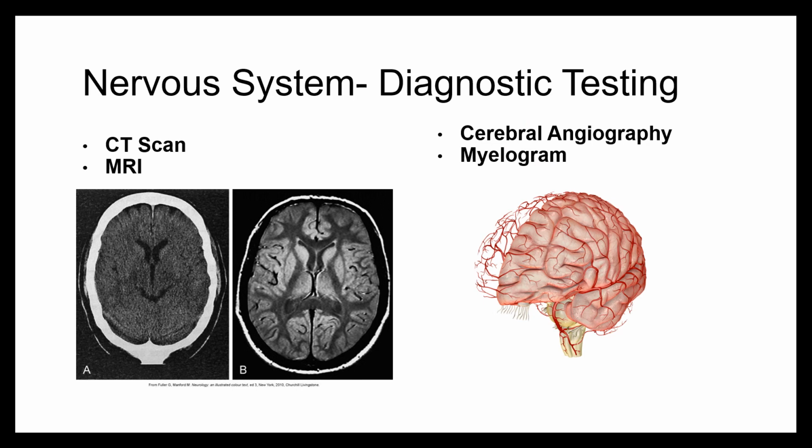A couple of other diagnostic tests we have are the CAT scan and the MRI. Both of these have been discussed in previous classes and in previous lectures. We can use either of these to give us detail, particularly when it comes to the brain. The CAT scan can be completed both with and without contrast. Without contrast can be done in a matter of just a few minutes.